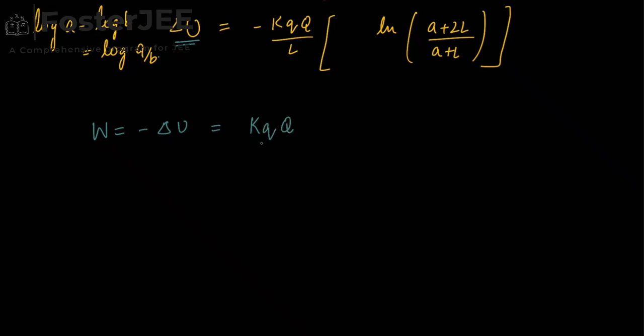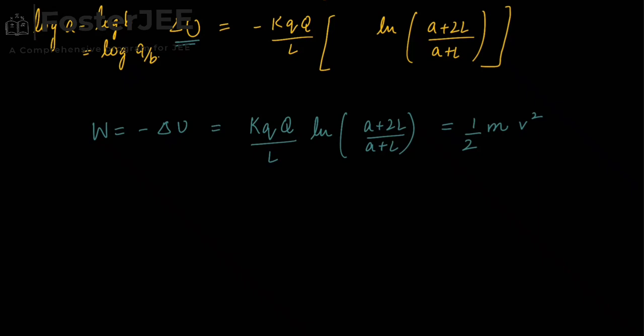This becomes kqQ upon L ln a plus 2L upon a plus L. And from mechanics we know the work done by the force between the charge and the rod will be converted to the kinetic energy of the particle. Since the mass of the particle is m, it becomes half mv square.